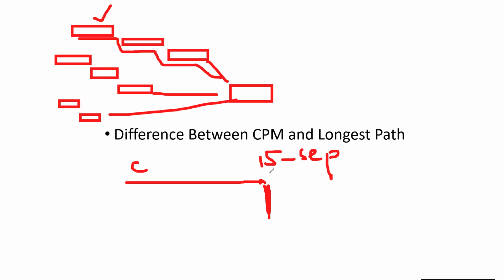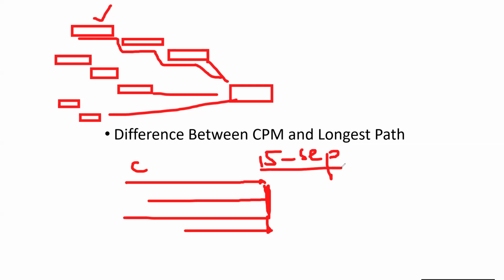My civil works are also meeting that date, my mechanical works are also crossing that date, my electrical works and other works are also meeting that. So every path will be a red line, critical path, because all these paths are meeting this deadline.